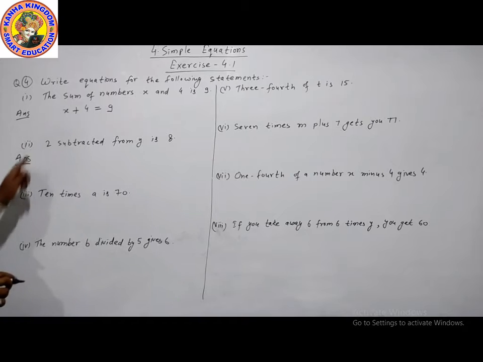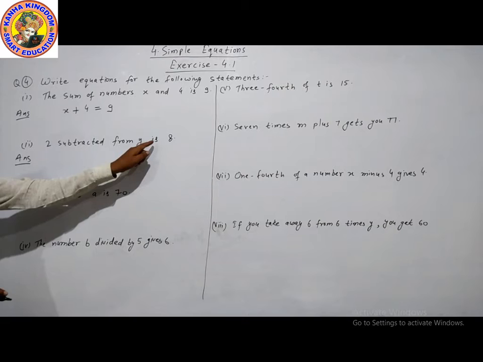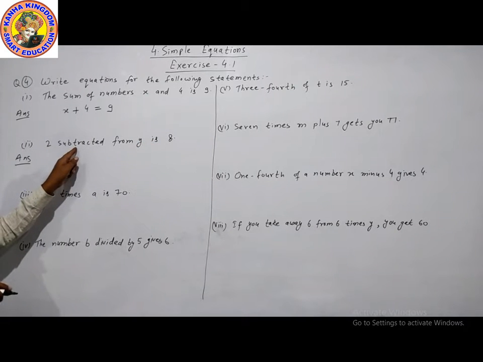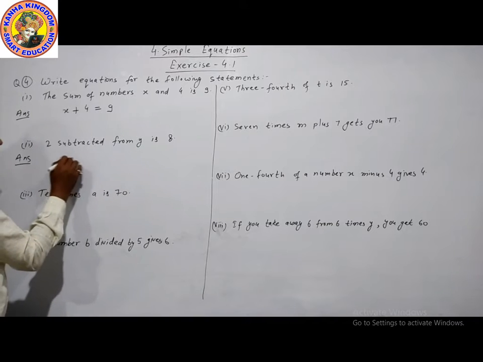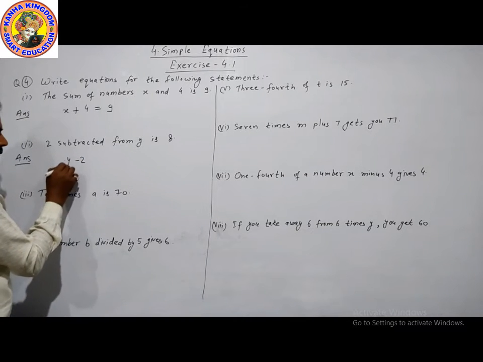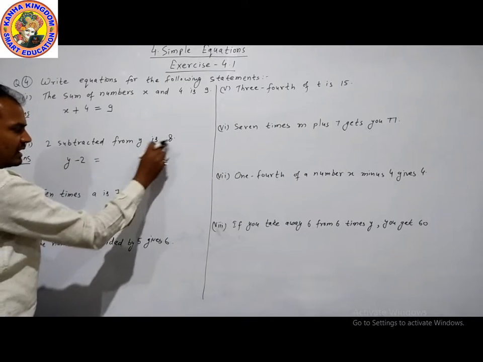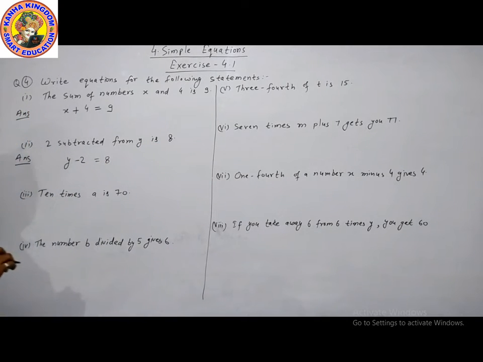Now second, 2 is subtracted from y is equal to 8. 2 is subtracted from which number? y. 2 subtracted from y is equal to 8. This is our equation.